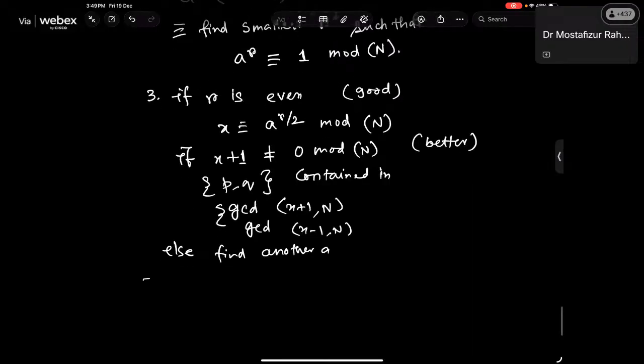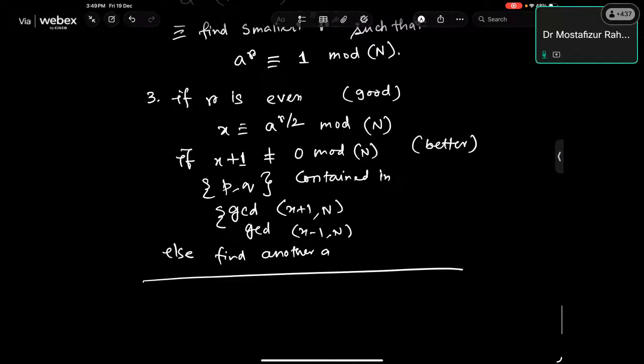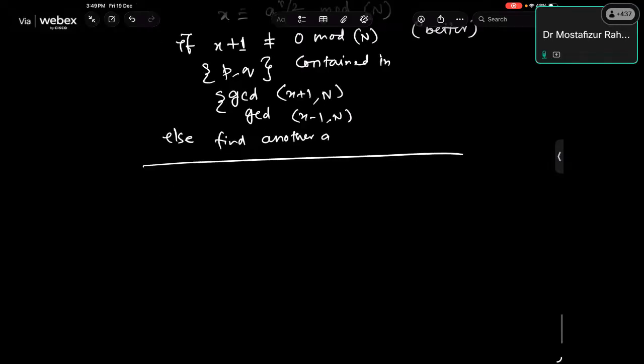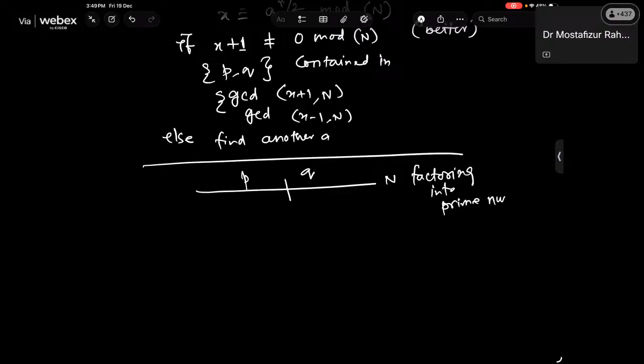Don't worry. If you look at this particular problem, and break down Shor's factoring algorithm, the fundamental thing is you have a big number n, and you want the prime factors whose product is n, right? P and Q. If you break down this factoring problem, factoring of a big number into prime numbers, it has two components.